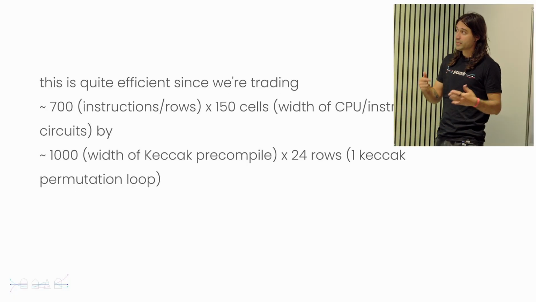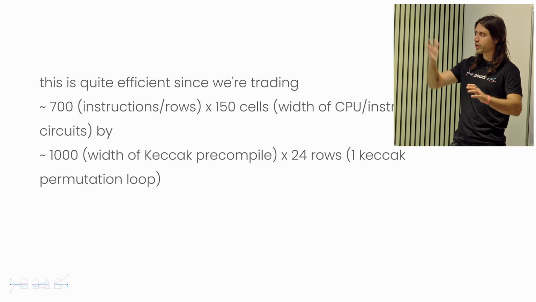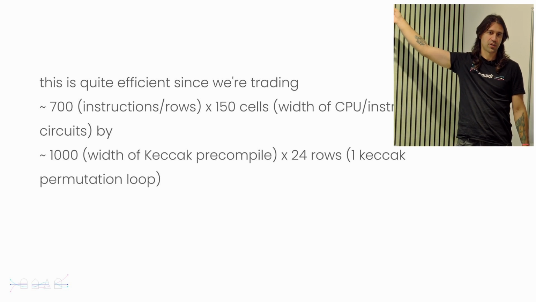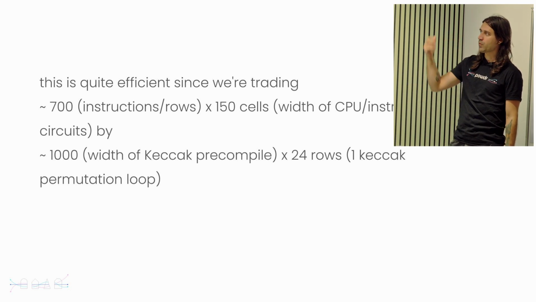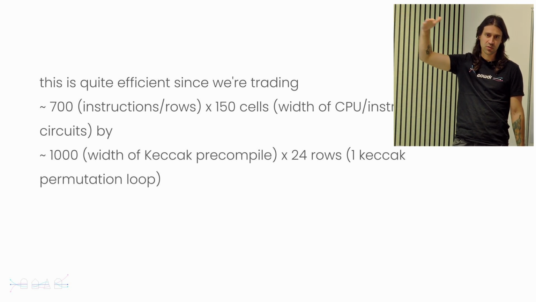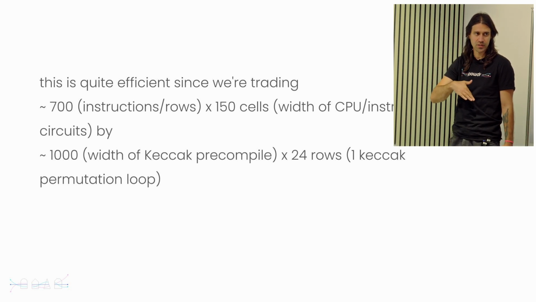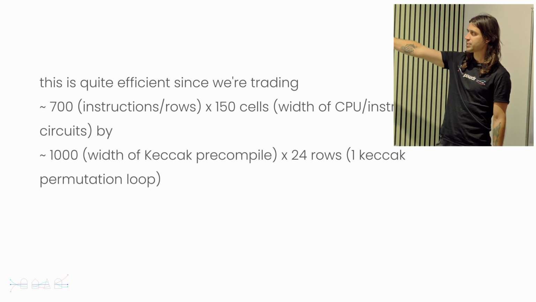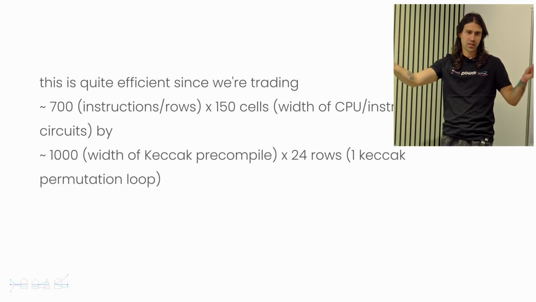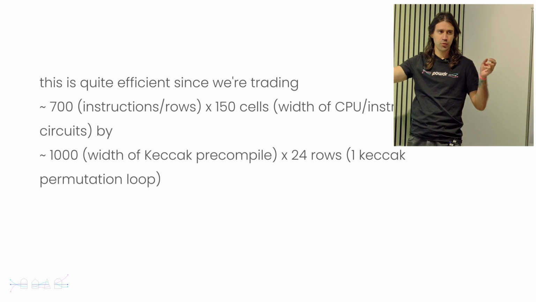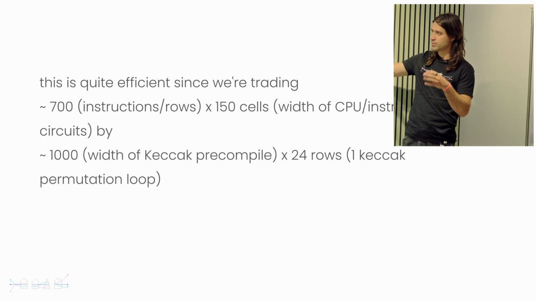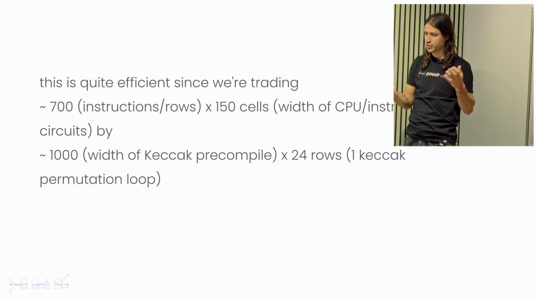This is quite efficient since, for example, these are very arbitrary numbers taking into account different current RISC-V ZK VMs. We're trading about 700 instructions, which is the number of instructions we have sequentially to compute Keccak, times 150 cells. This is the amount of data you need at the same time, for example registers, memory locations, and so on, which we call the width of the CPU chip, or the sum of instruction circuits, depending on whether it's a no-CPU architecture.